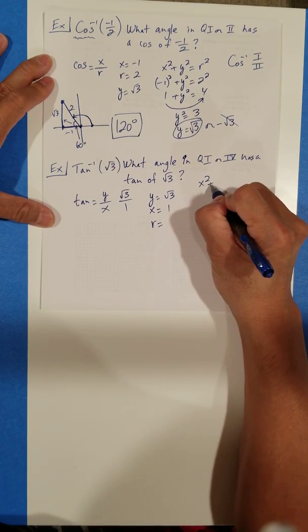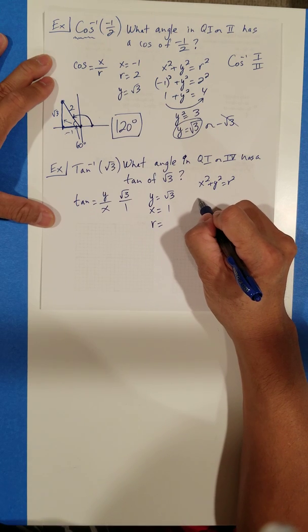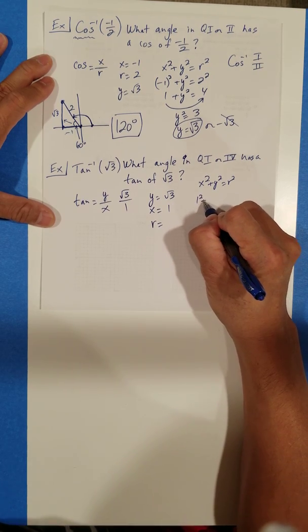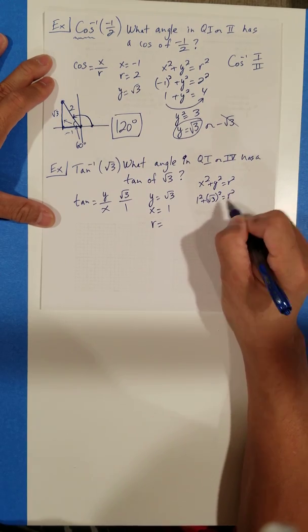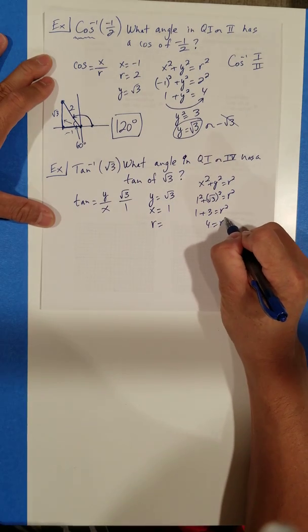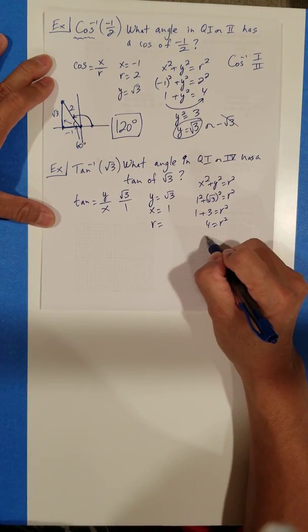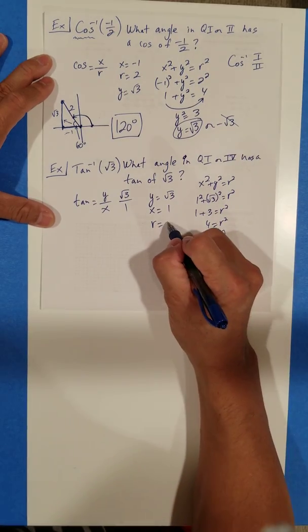X squared plus y squared equals r squared. So 1 squared plus radical 3 squared equals r squared. So 1 plus 3 equals r squared. This is 4 equals r squared. R can't be negative, so r equals 2.